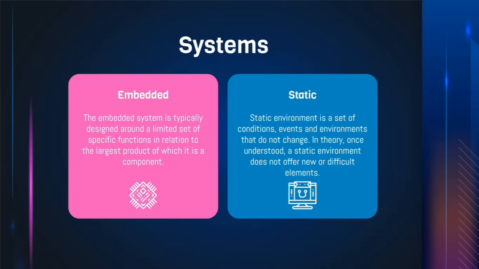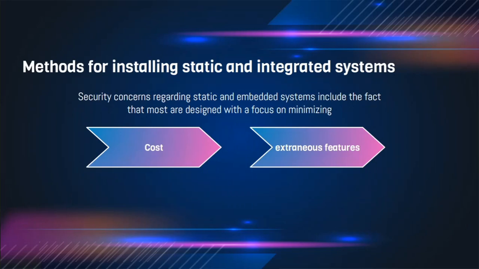In theory, once understood, a static environment does not offer a new or difficult element. Continuity methods are used for installing a static and integrated system. Security concerns regarding static embedded systems include the fact that most are designed with a focus on minimizing cost and extraneous features.